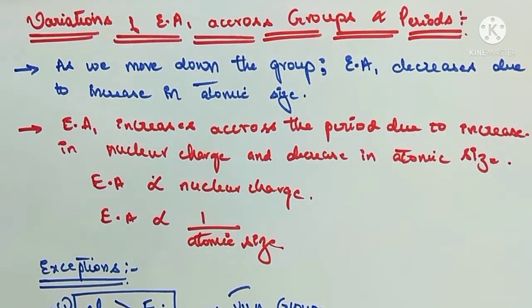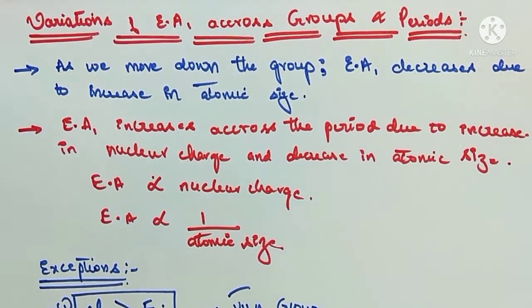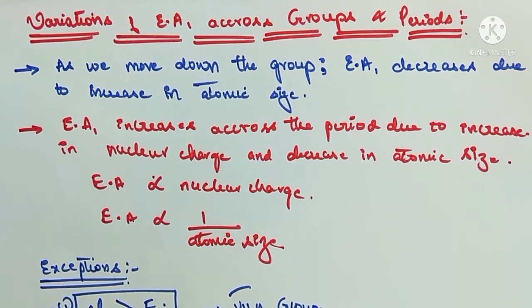And third one is phosphorus has greater electronic affinity than nitrogen, which is of 5th group. And silicon has greater electronic affinity than carbon, which is of 4th group.